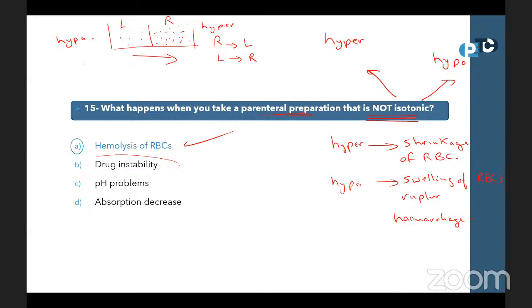Okay. From the left to right, what will transfer, the particles or the fluid? The fluid will transfer from the left to the right. Why? In order to make both concentrations similar to each other, and to decrease the osmotic pressure over this membrane.